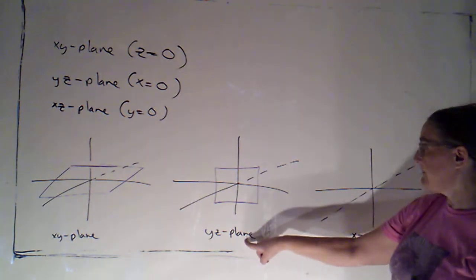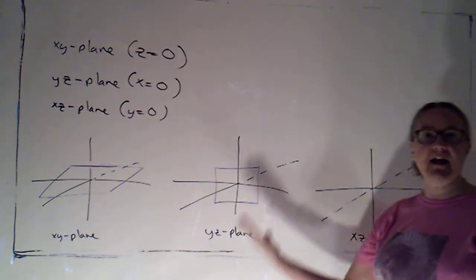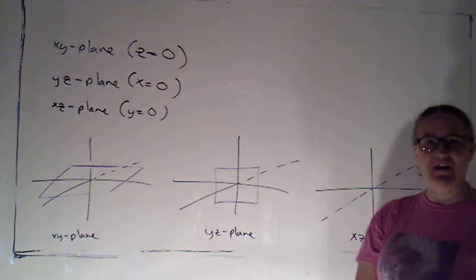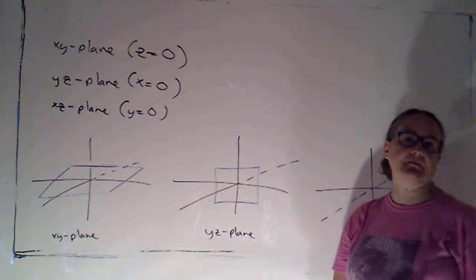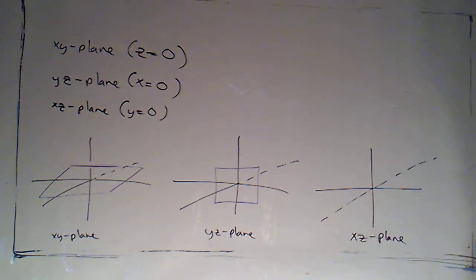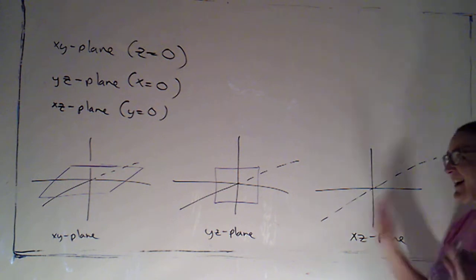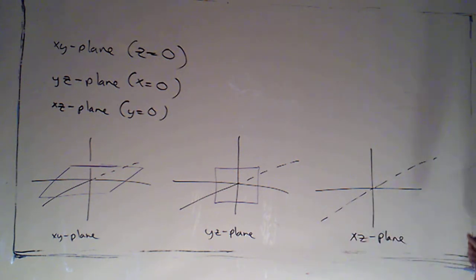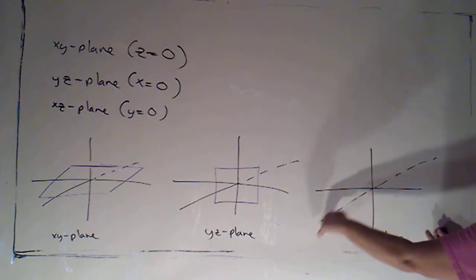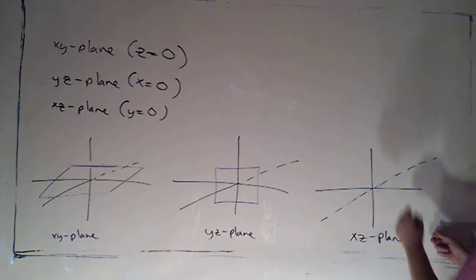Here I've labeled, this is the YZ plane. I know that's infinite. So I know that that's not the whole thing, that's just a representation of that infinite plane. For the XZ plane, I'm going to be drawing a rectangle. Again, it's not going to look like a rectangle though, because my right angles are going to be created by lines that are parallel to the x-axis and parallel to the z-axis.